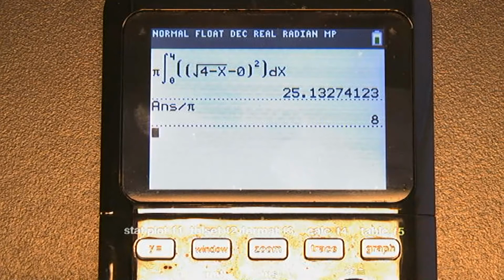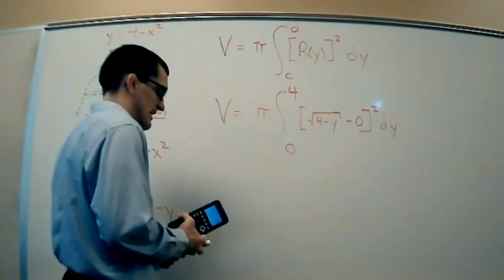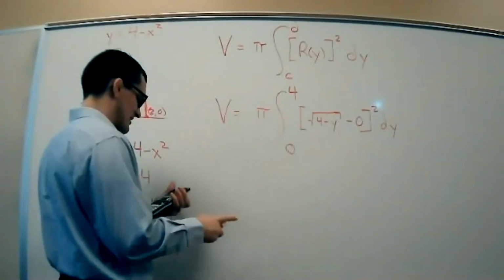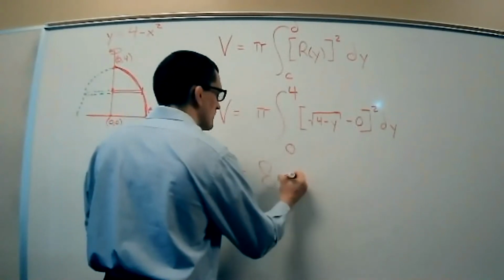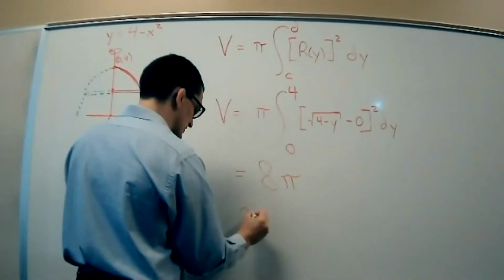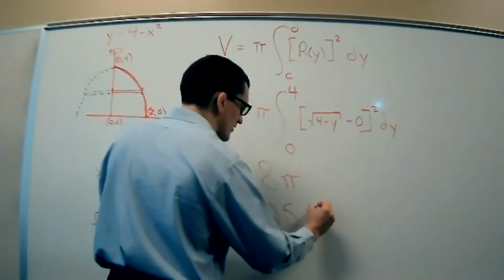So that's the deal. This value we just found out was exactly equal to 8 pi, which is approximately 25.13.